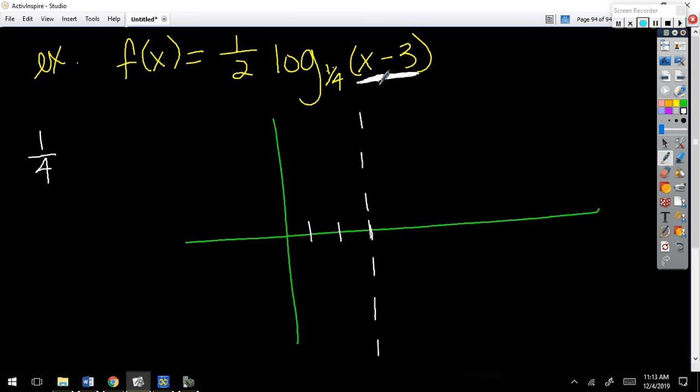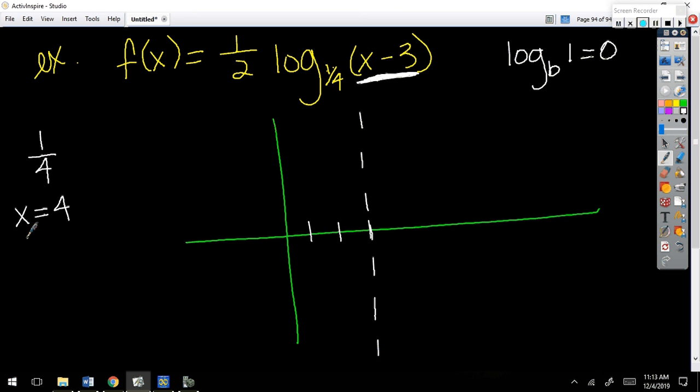The easiest thing to do is to make that first thing, remember that property where we said log base b of 1 is always equal to 0? The easiest thing to do is make the parentheses equal 1 as your first easy point because of that. So if I want this inside parentheses to equal 1, then I should probably pick 4.